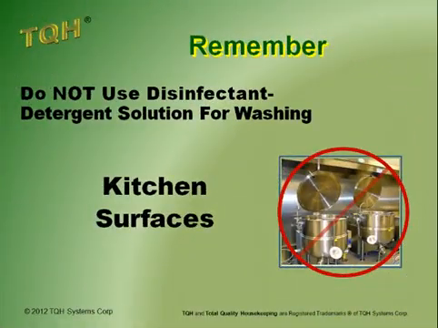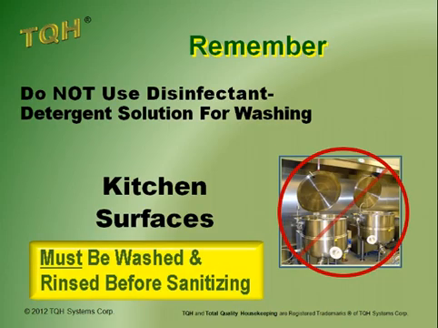Don't use disinfectant detergents. I'm repeating this again because this is so important. On kitchen surfaces, now someone might say, well, we've got to use bleach or whatever. That's okay. But you wash those surfaces down with, I don't care, dish soap. But you wash them down and you rinse them before you go use the bleach.